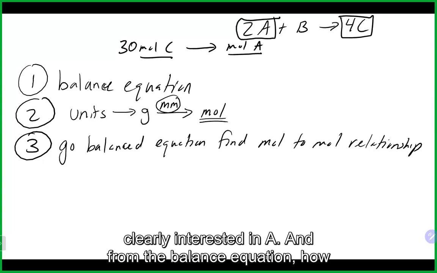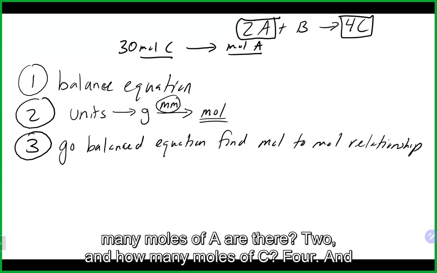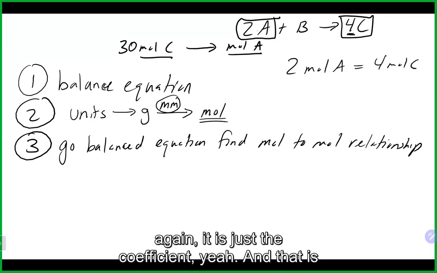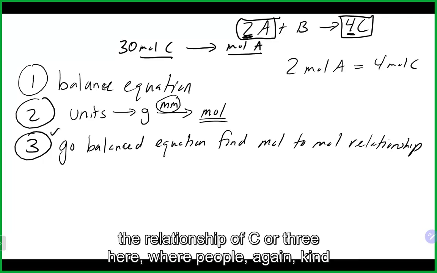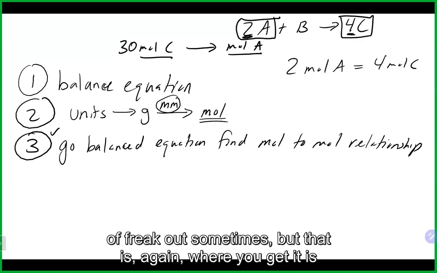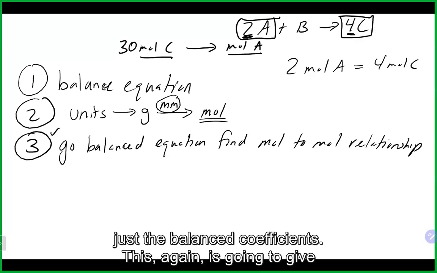And from the balanced equation, how many moles of A are there? 2. And how many moles of C? 4. And again, it is just the coefficient. That is the relationship in step 3, where people kind of freak out sometimes, but that is where you get it, just the balanced coefficients.